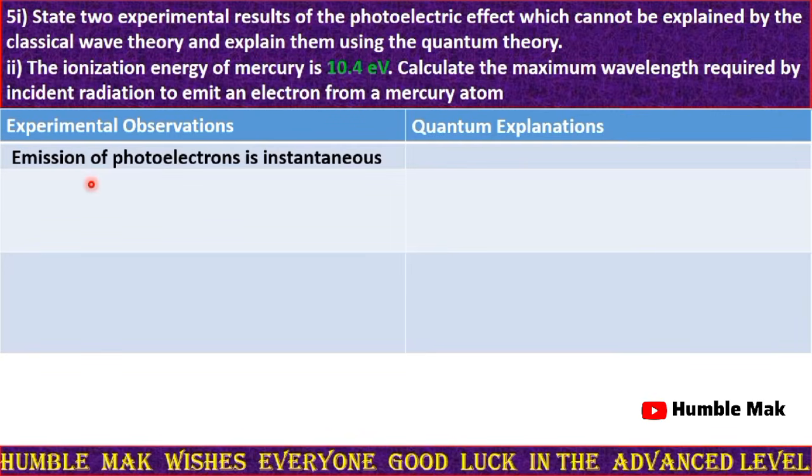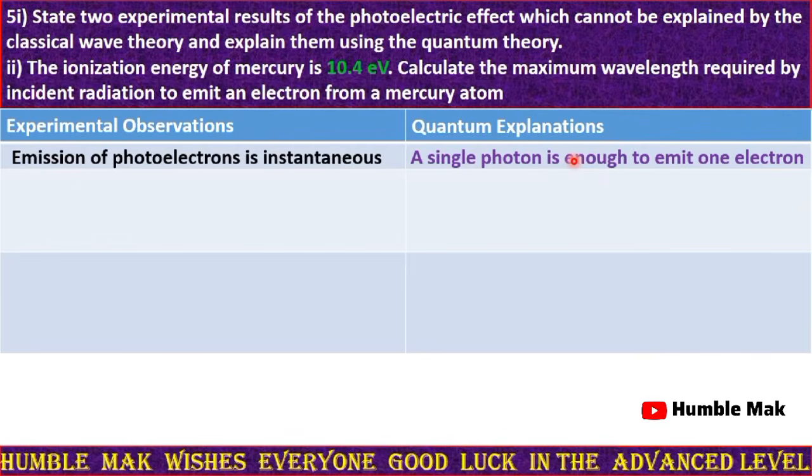So the quantum explanation is that a single photon is enough to emit one electron. Whenever we irradiate the metal surface with light of sufficient frequency, the moment one photon lands on that surface, it is enough to release one electron. Great. That's what the quantum theory explains.